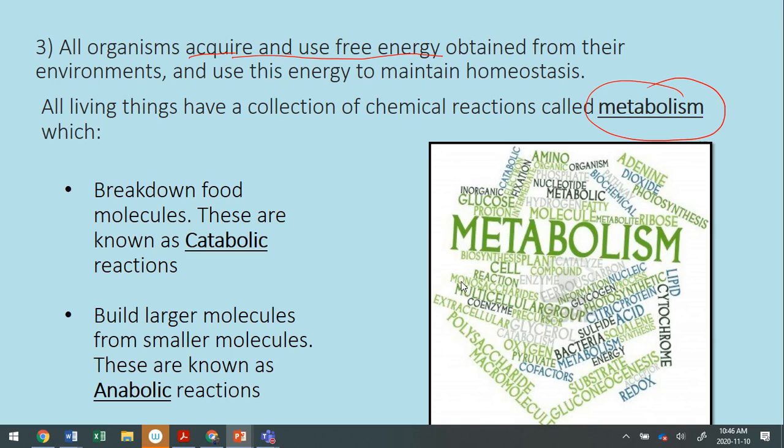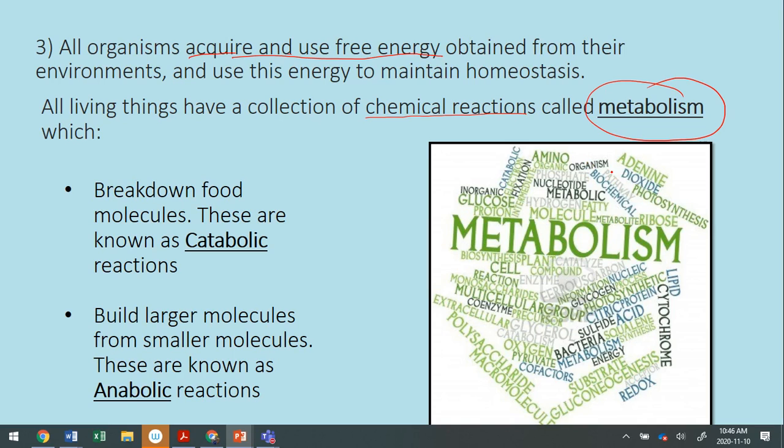So regardless whether you're a plant or a human or a bird or a fish or a bacteria, whatever, you have to obtain energy from your environment. Now, the collection of chemical reactions that help you to obtain that energy is collectively called metabolism.